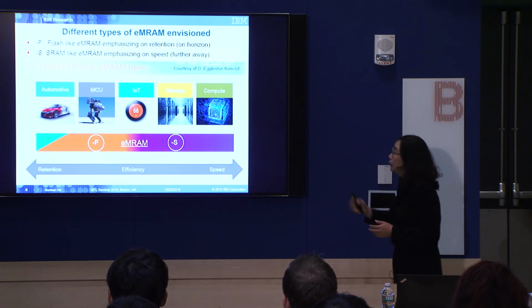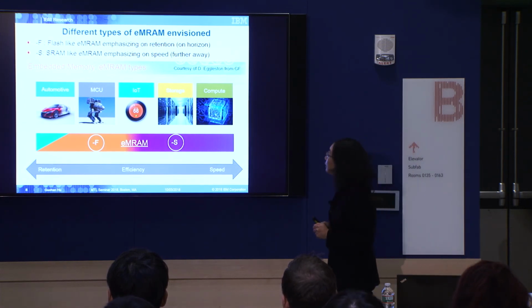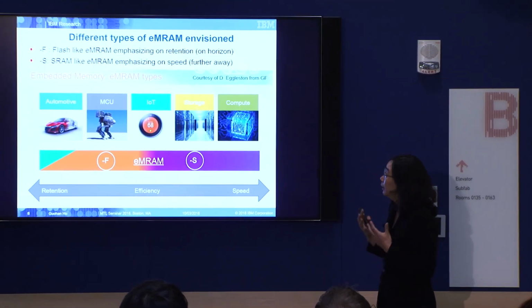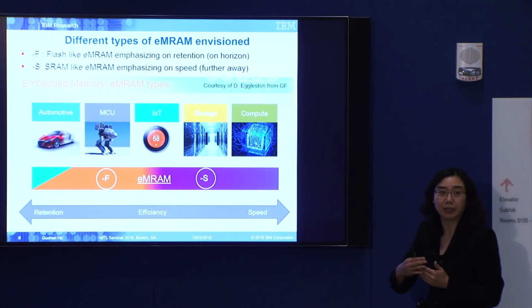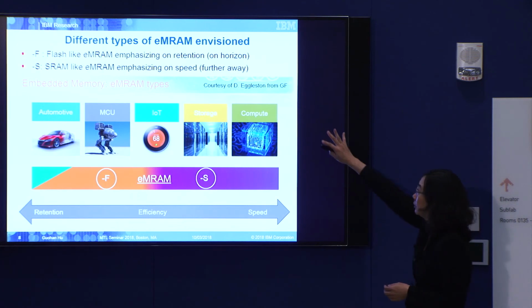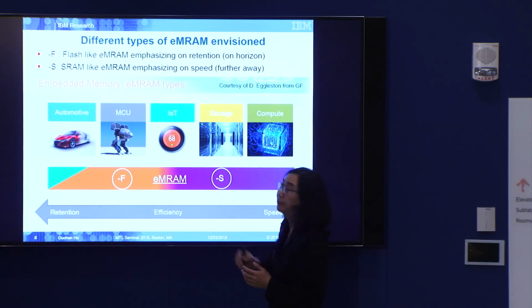So what the industry, I think, settled down on in the last 5 years or so is this kind of vision. What will be the MRAM product people should be focusing on as an industry? First, I think people just forget about the standalone for now. So we are going to do embedded. When you have an E there, it means embedded.